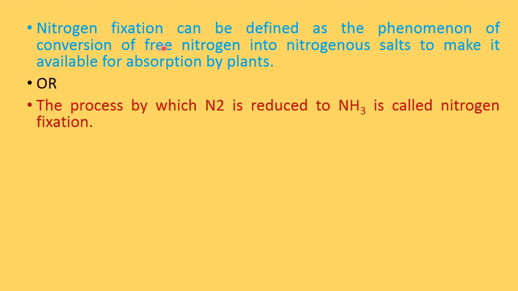In other words, we can say nitrogen fixation is the process by which N2 is reduced into NH3. Here we have to learn one thing: this nitrogen is present in the environment in this form. This is the formula for N2.